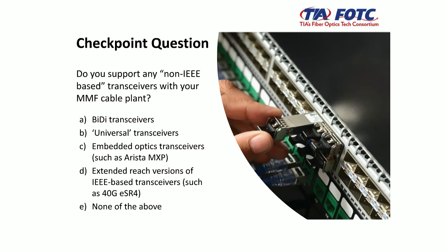Your options are bi-die transceivers, universal transceivers, embedded optics transceivers, extended reach versions of IEEE-based transceivers, or none of the above. Occasionally people have said to me, what if I have more than one answer? I would say choose the one that's most likely, and if it's really split, write it in as a question for me, and I can add the answers to the results. So I'm going to leave the voting open for a couple more minutes while Robert continues with his presentation. Thank you. Thanks, Liz.